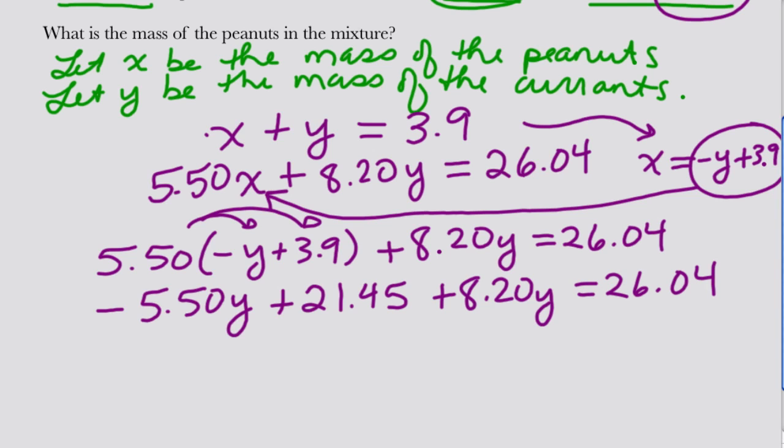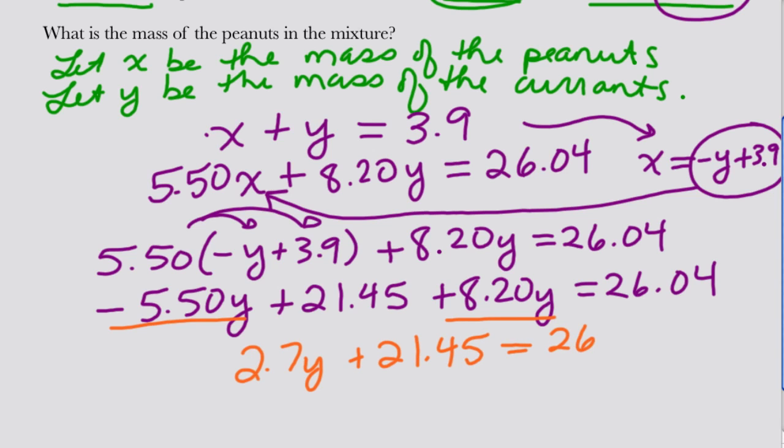We can combine our y terms together. So notice that there's a y term there and another one there. We can combine our like terms. So we get 2.7y plus 21.45 equals 26.04. We need to now subtract 21.45 from both sides.